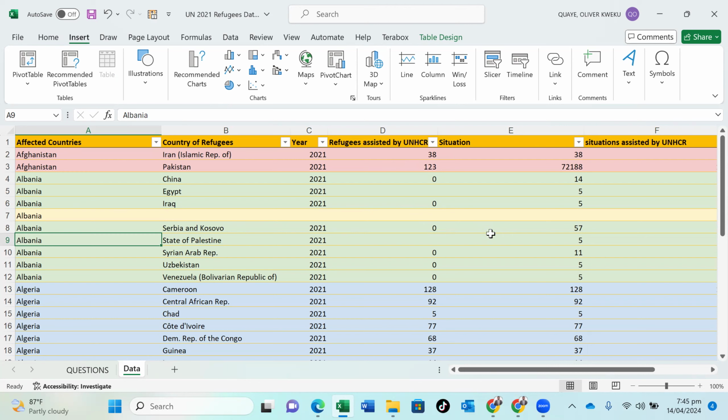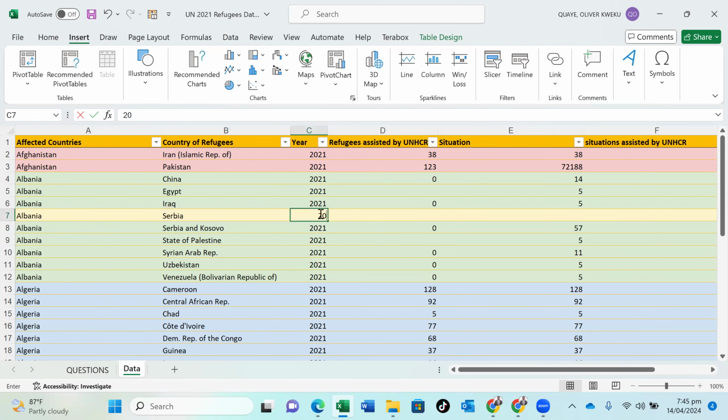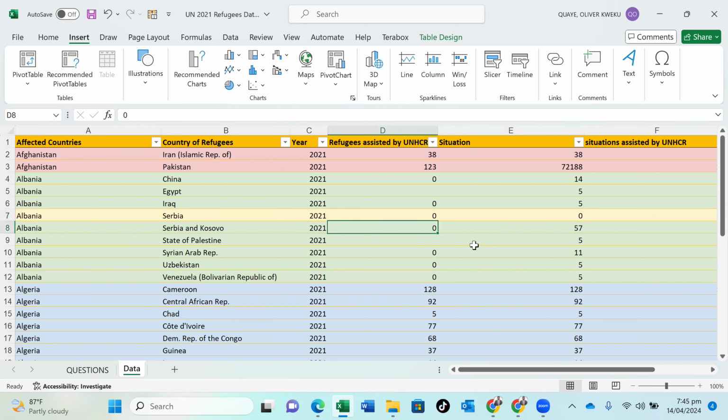So in this case, if you intend to bring Serbia here, and you leave Kosovo over here, you can put in 2021 over here, 2021 over here, and here you can also put 0 over here. Here 0 over here, right? But if you put 0 over here, it tallies with the correct values for Serbia and Kosovo.